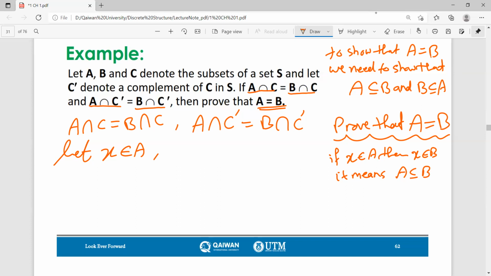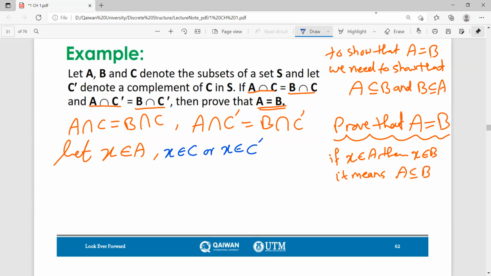So from this, we can say X, let me use another color. We say X is in C or not. X in C complement.